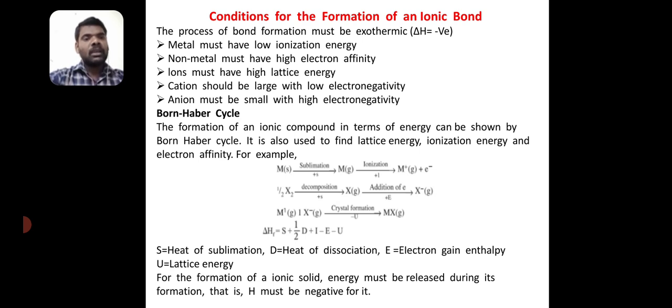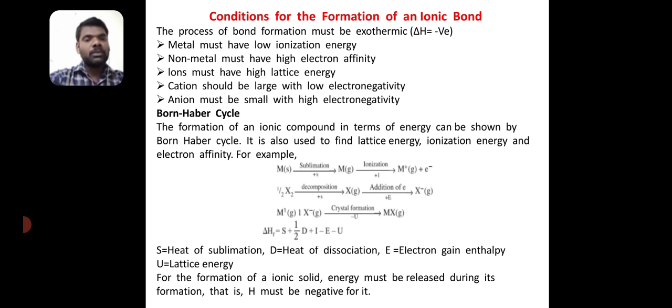In ionization, it loses an electron, forming the cation plus electron. The halogen molecule X2 decomposes to give halogen atoms in the gaseous state. When it accepts an electron, that is electron affinity, it forms the anion X-. The cation and anions combine in crystal formation, and the lattice energy, minus U, gives MX solid.